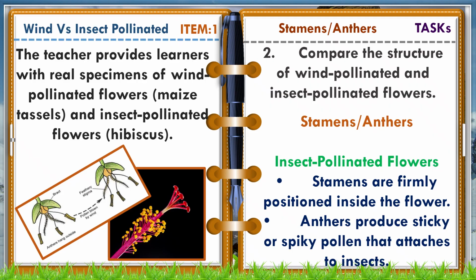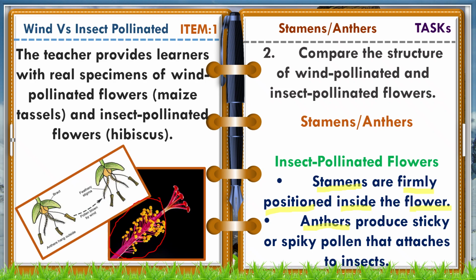In insect-pollinated flowers, the stamen, which makes up the anthers and the filaments, are firmly positioned inside the flower.